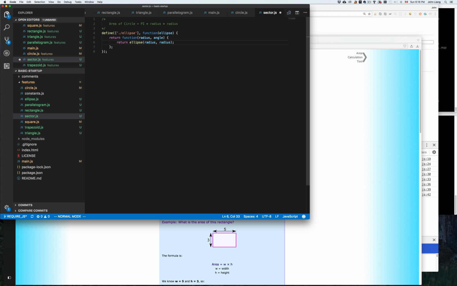So since this is a sector, it is reusing the circle one. So let's load in the circle formula or circle module. And we are calculating a circle based on the circle. But in this particular case, we are going to provide the angle in radian.